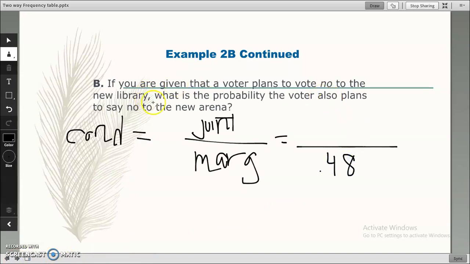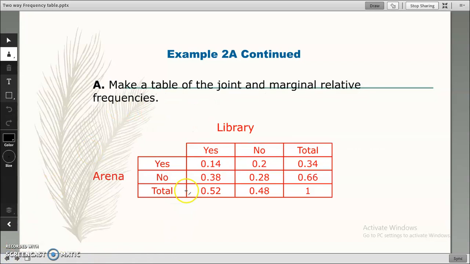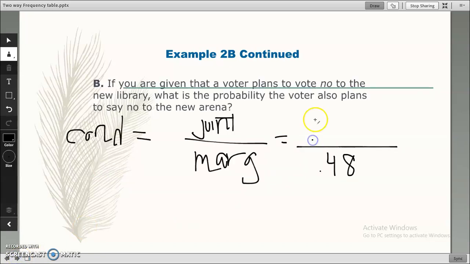Then it says, what is the probability that the voters also plan to say no to the new arena? So then we're going to go to the joint and find the new arena where they're saying no. The people that are saying no to the new arena is 0.28. So the new arena, no, and no is 0.28. So that's going up here.